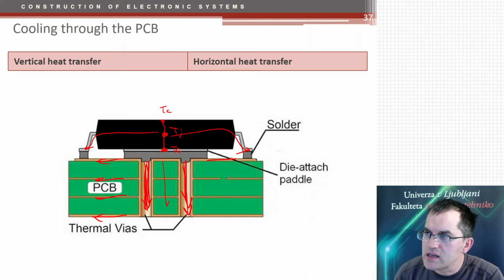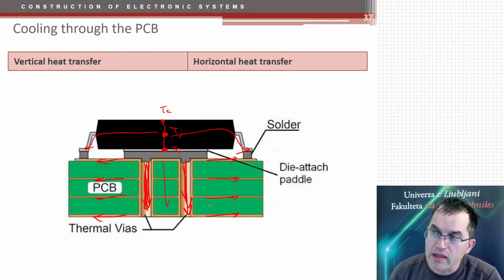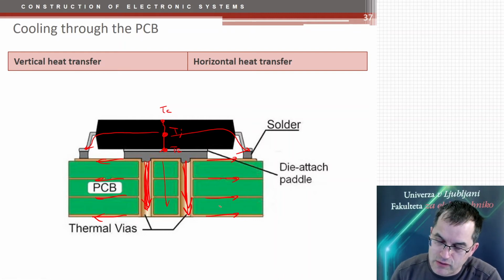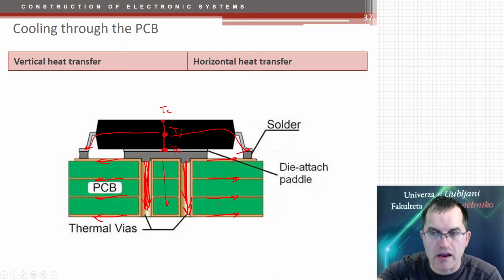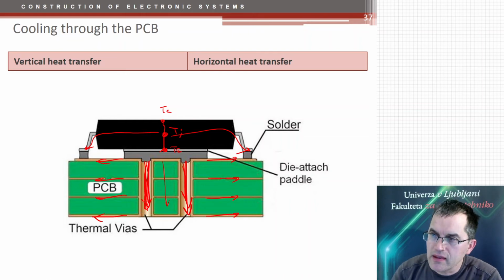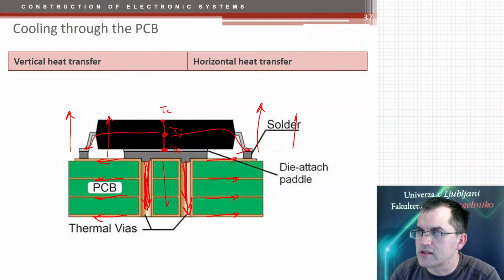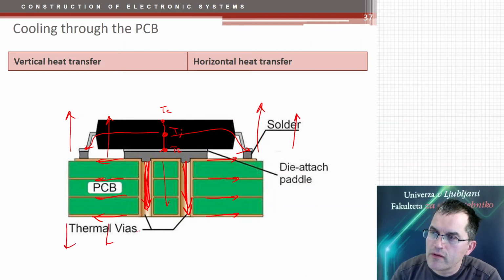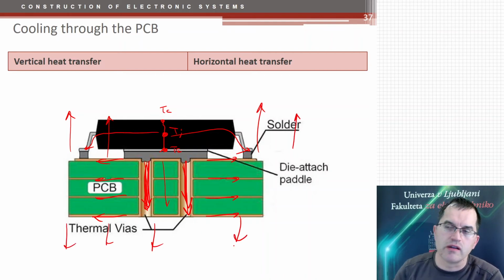But as you can see, these PCB layers are very thin, which means that the cross-section is much lower. Therefore, you need a larger width of this conductor, which means you need a lot of area of copper. And then the heat is radiated and convected from these areas towards the surroundings.